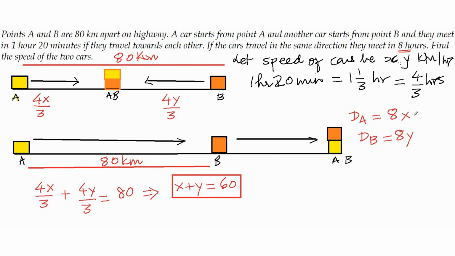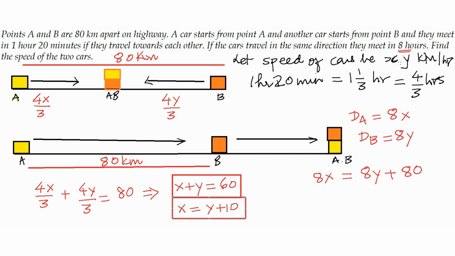Again, because 8 is the time and x is the speed, so speed into time is equal to the distance. So I can say that the distance covered by A, which is 8x, is equal to distance covered by B, which is 8y plus 80. And therefore the second equation is x equals y plus 10, right? This is the second equation that I get.